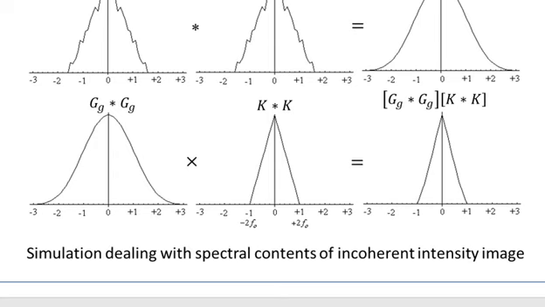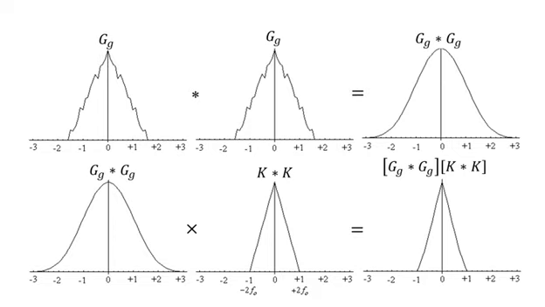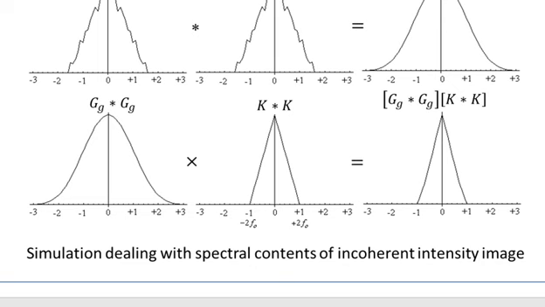And then in the second row we have the GG result from the first row, GG autocorrelated with GG, the same result we have obtained, multiplied by K autocorrelated with K. So when K autocorrelates with K, you will obtain a triangular shape function.